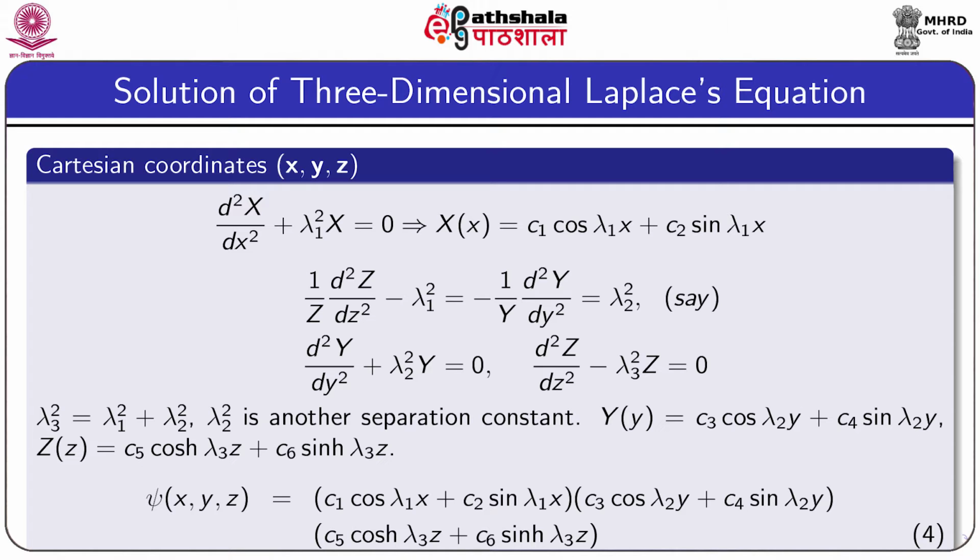Capital Z equals C5 cosh lambda 3 z plus C6 sinh lambda 3 z, where C5 and C6 are constants. Therefore, the solution of the Laplace equation in Cartesian coordinates can be written in the form psi equals the product of capital X, capital Y and capital Z, as written here in equation number 4.